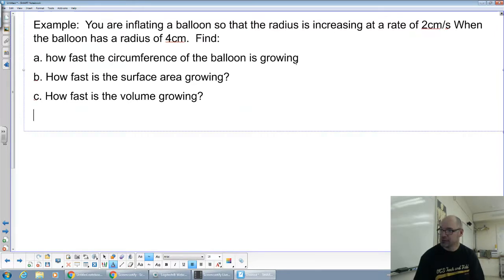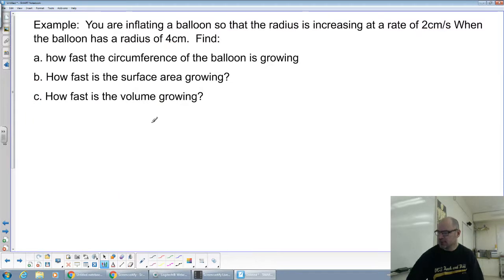There we are. Okay, so the first thing is we should write down what we know first. So as we're solving this, we know already the radius is increasing. Okay, so we know dr dt. The radius is increasing at 2 centimeters a second when r equals 4 centimeters.